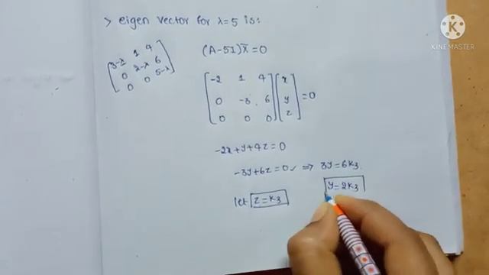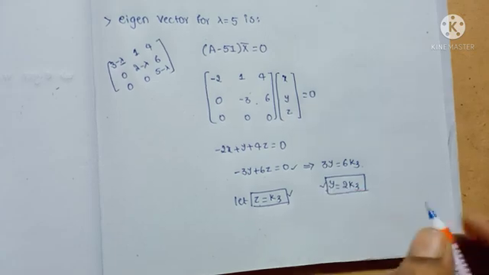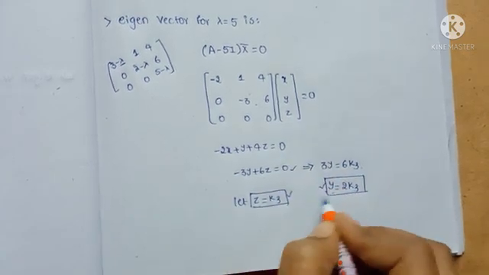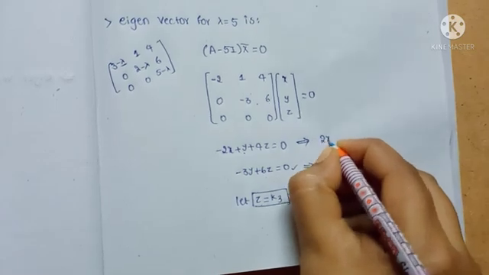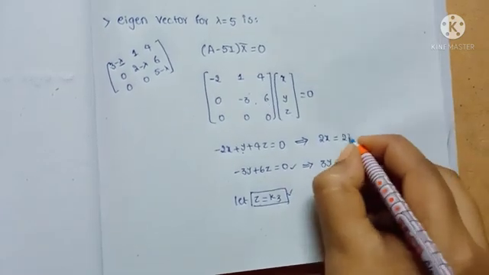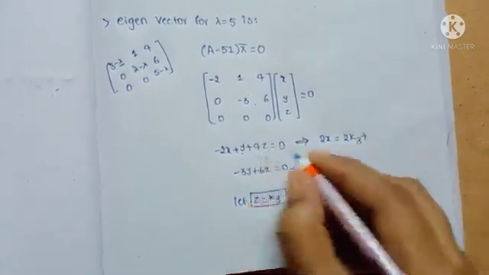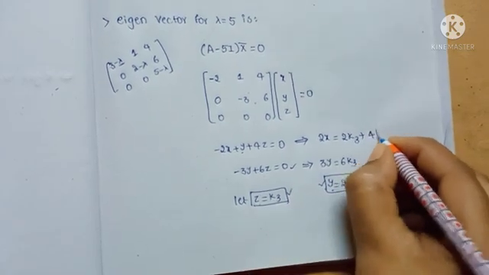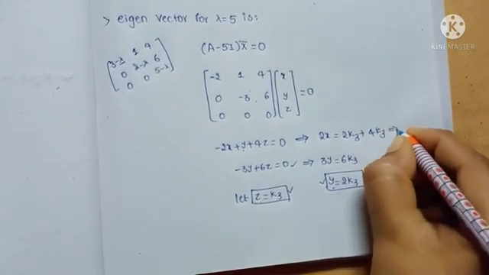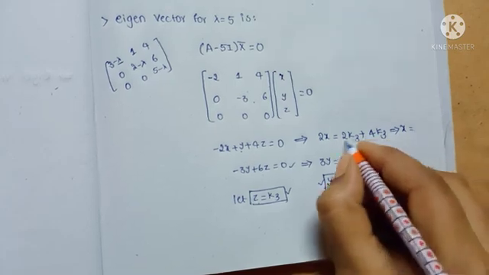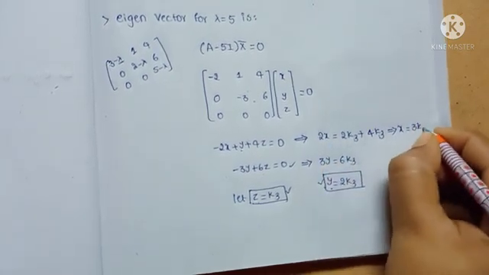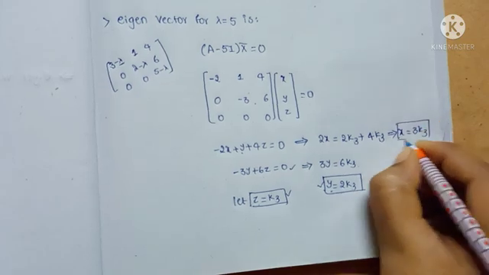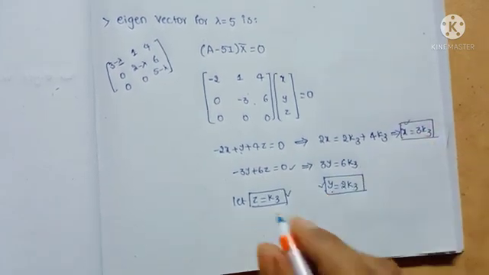So we get the z and y values. By substituting y and z here, we get 2x equal to y, which is 2k3, plus 4 into z, 4k3, so x equals 6k3 by 2, which is 3k3. This is how we get the x, y, z values.